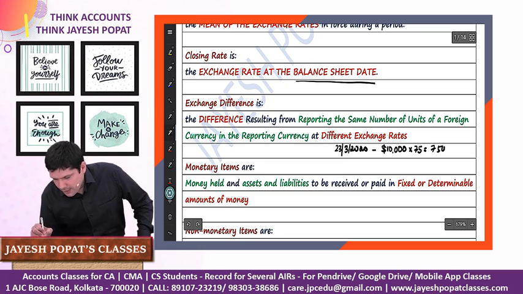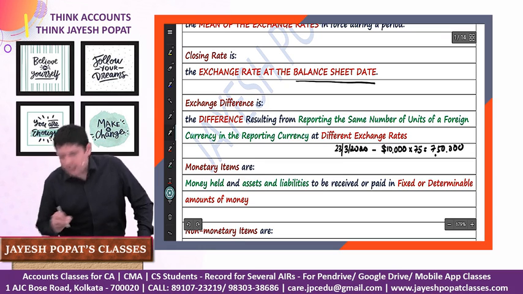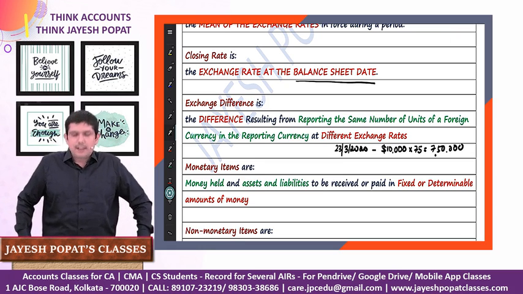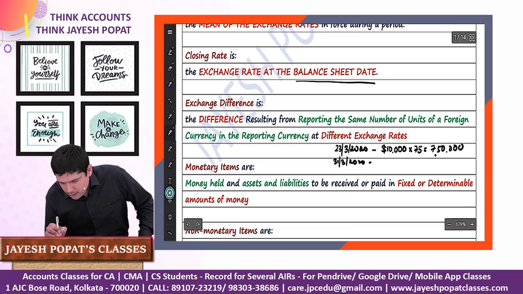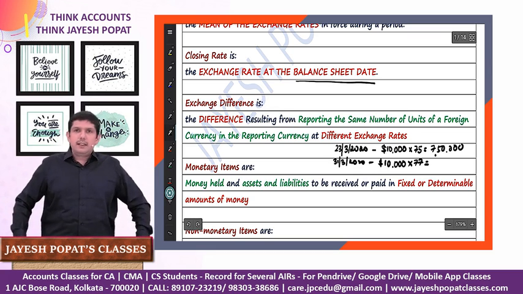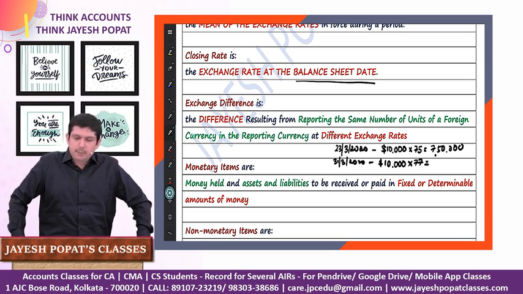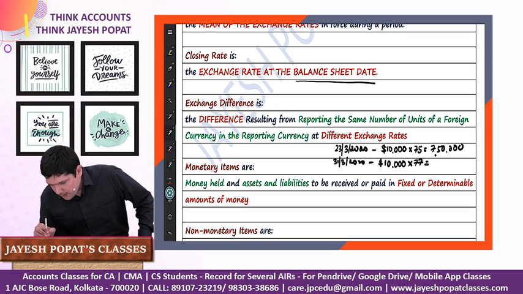Then this transaction in Indian rupees will be 7,50,000. Then when I make my financial statement on 31st of March 2020, I have to restate this $10,000 at the closing rate, which is the rate on the balance sheet date. For example, let's say the rate on the balance sheet date is 77 per dollar, right? So now my liability in relation to purchase of these goods becomes 7,70,000.